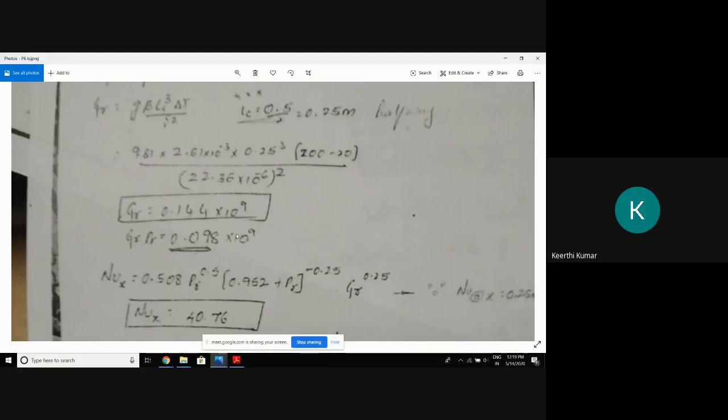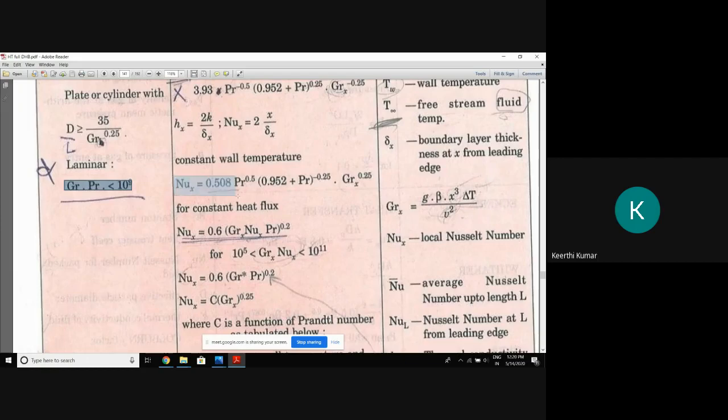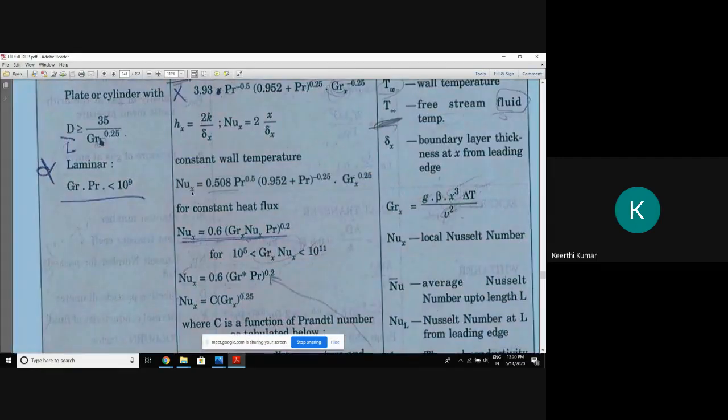So if it is less, and also if we are calculating at a distance of x, which Nusselt number am I supposed to use? I am supposed to use this Nusselt number. Can you see? The Nusselt number at a distance of x is equal to 0.508 Prandtl number to the power of 0.5, by (0.952 plus Prandtl number) to the power of 0.25, times Gr at x to the power of 0.25.